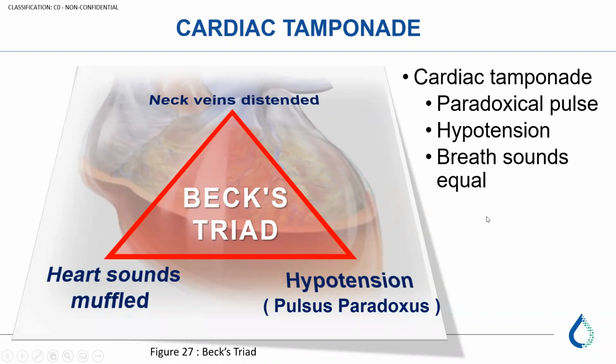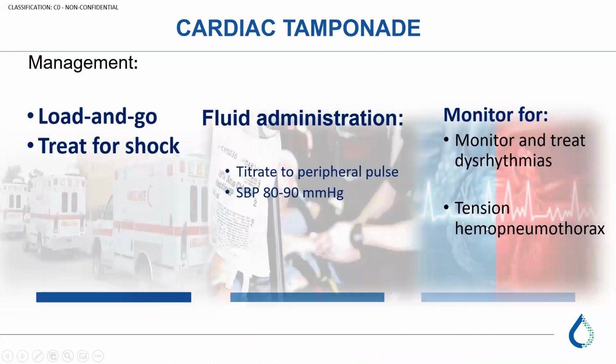hypotension too. Okay. So what are the treatment or management for cardiac tamponade? It's a load and go. You can't do anything unless you are in the hospital, in the operating room. The definitive treatment for cardiac tamponade is surgery, but the life-saving intervention is pericardiocentesis, which is usually done at the hospital.